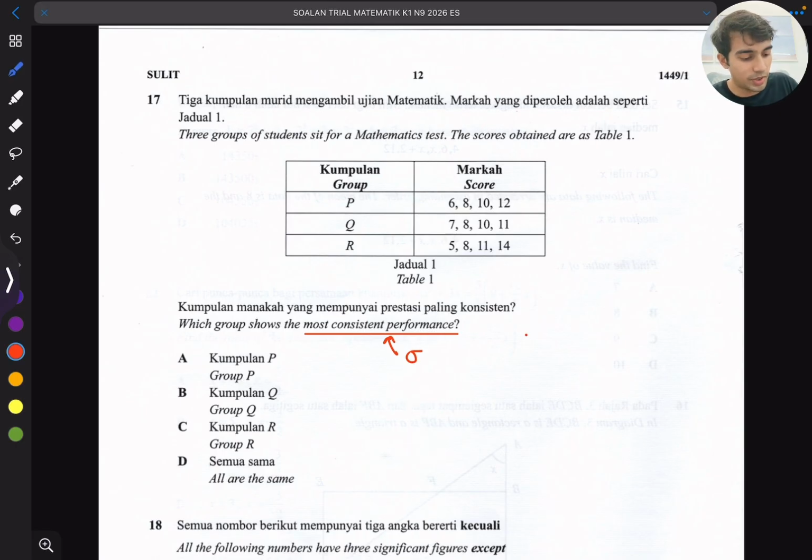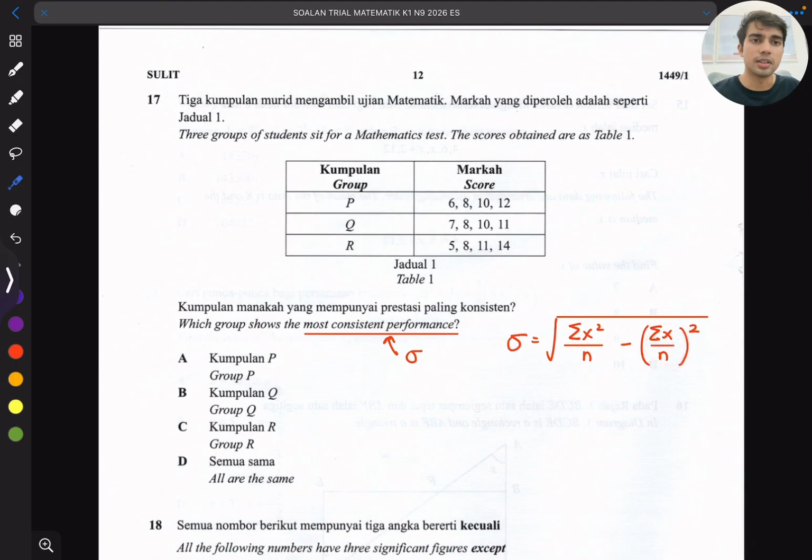The formula for standard deviation is the square root of sum of x square over n minus sum of x over n, squared. This is basically the mean. Sometimes in the formula sheet they'll write this as mean. For sum of x square, all these are x's and we have to square them individually.